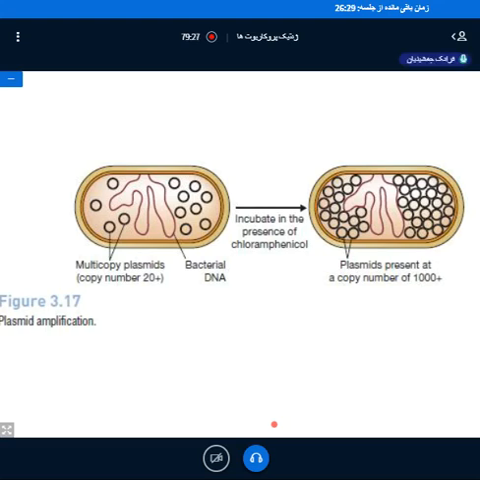I summarize the steps. I'm teaching the whole book for the students, but where are we now? We are just in chapter 3.